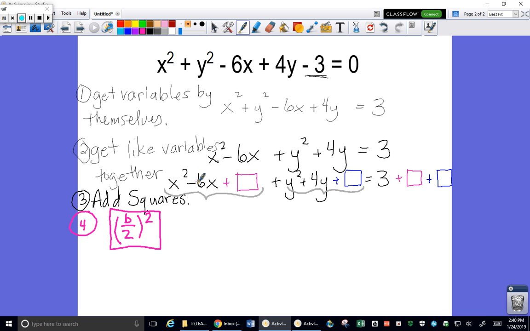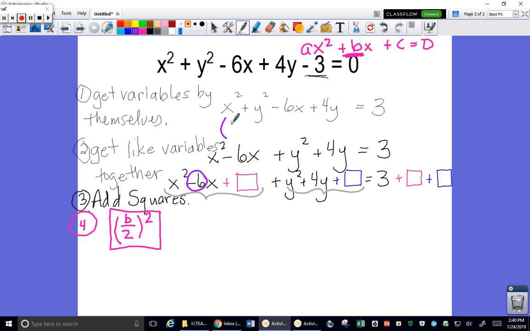Now if you remember from Algebra 1, a general quadratic is ax squared plus bx plus c equals 0, where a is the coefficient of x squared. So when I'm talking about the b term, I am talking about the number in front of your single variable. So for here, that number would be -6.